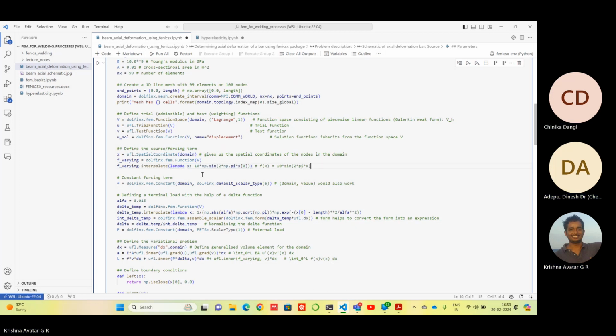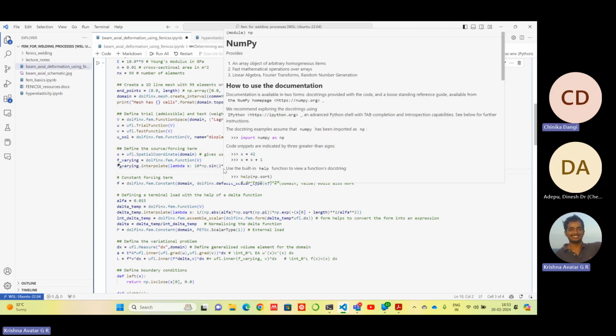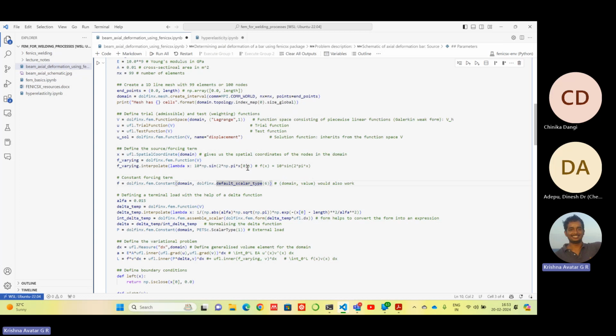So you clearly see 10 times np.sin(2 pi times x[0]). So x[0] is the first element in the x coordinate here. So x[0] is equal to x, x[1] is equal to y, and x[2] is equal to z in 3D space.